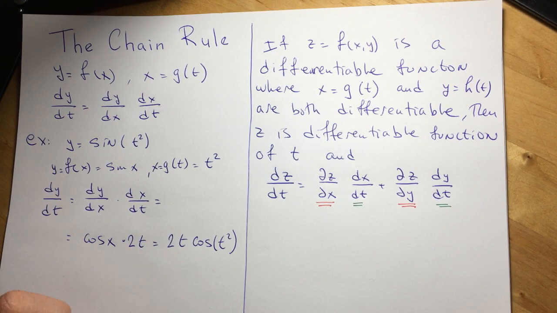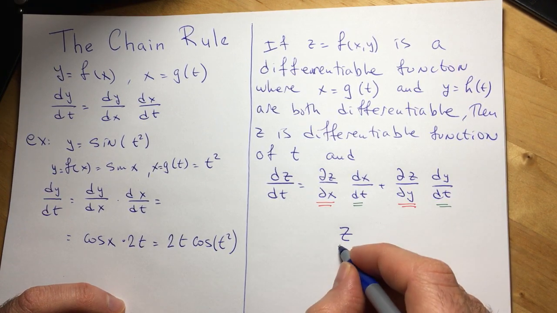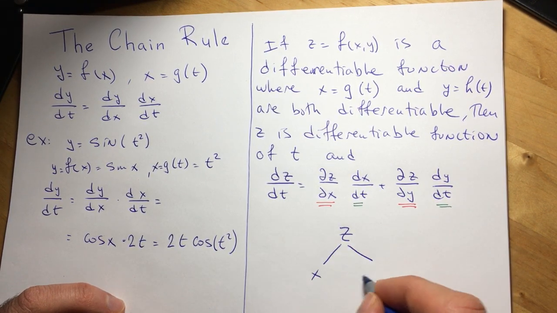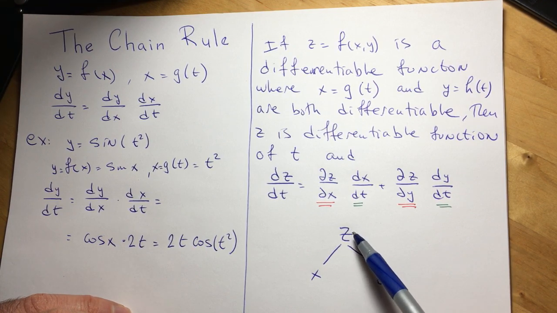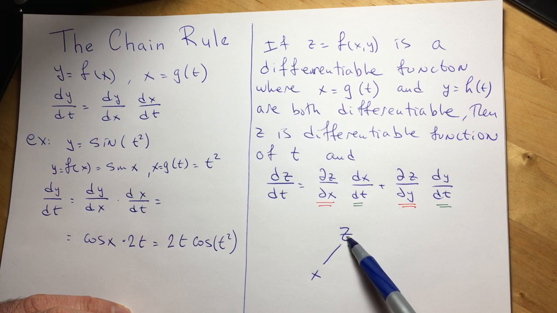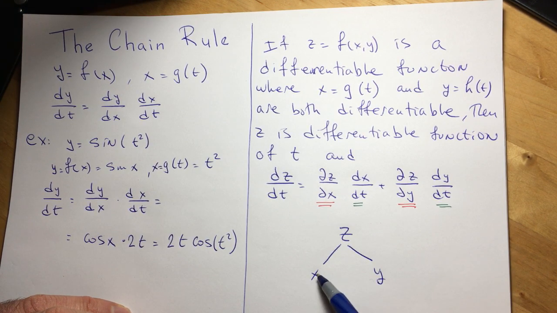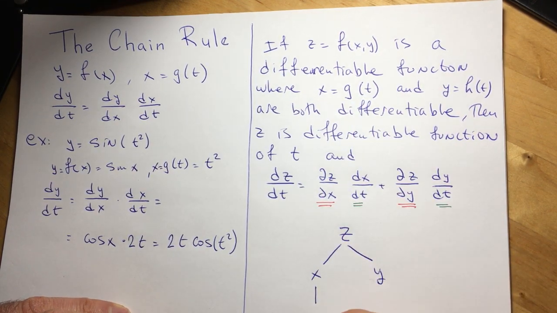So why does that happen? Well, simply because z is a function defined in two variables. Z depends on x and y, so when we are finding the derivative of z with respect to x, we're using a partial derivative. But then look at this, x is a function of t, so x just belongs to t, and y also just belongs to t, right?